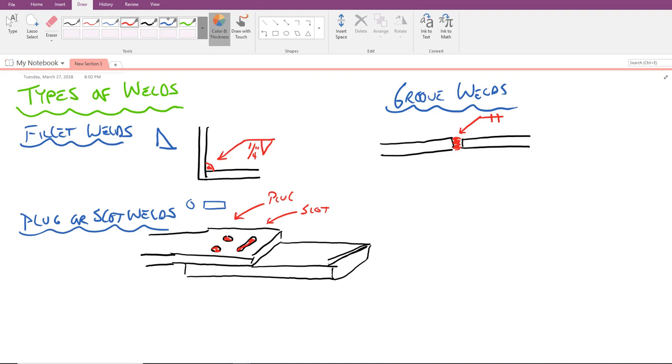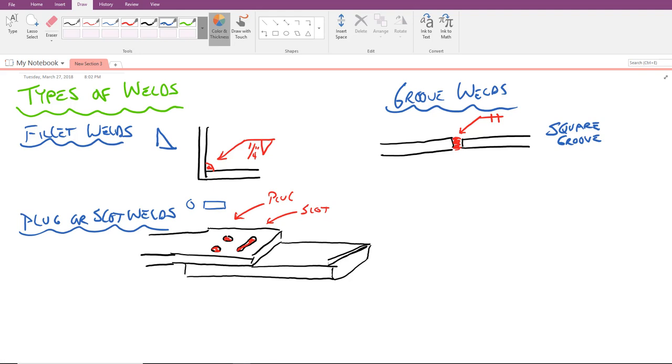This one gets called a square groove. The cool thing about these is you can actually see the shape or the configuration of the weld in the actual diagram symbol that is used.